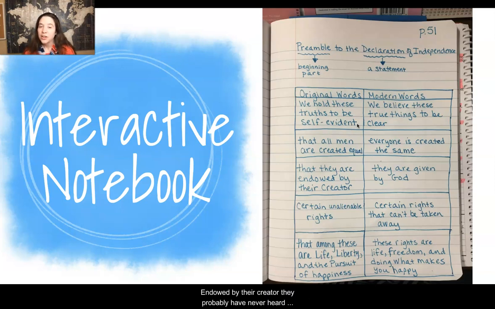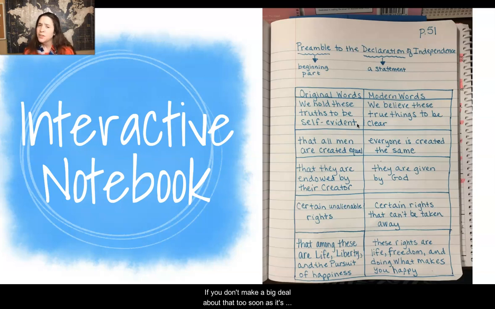Endowed by their creator. They probably have never heard the word endowed. So endowed by their creator just means they are given by God. Religious aspects were a big part of the 18th century. So you will run into pieces in original documents that talk about God.